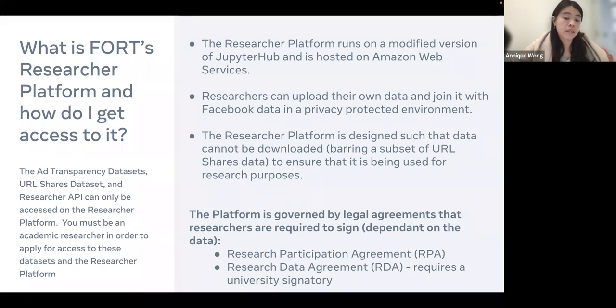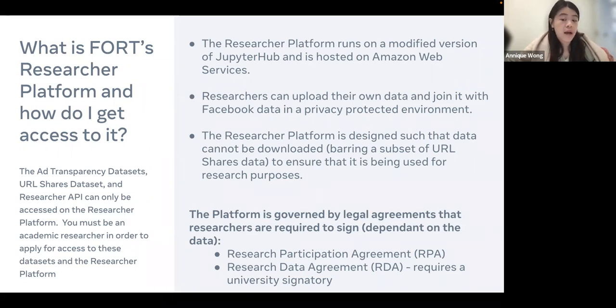And the platform is governed by two publicly available legal agreements called the RDA and the RPA, the Research Data Agreement and the Research Participation Agreement. And you would sign either depending on the sensitivity of the data set that you are trying to access. And just for your knowledge, the RDA is signed by Meta, the PIs of the project and their collaborators, and also by their university.